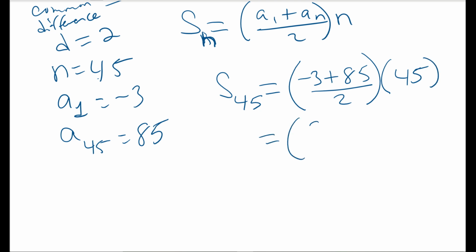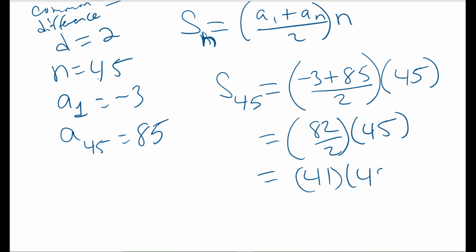So this is going to give us 82 over 2 times 45. 82 over 2 is 41. And we got to do 41 times 45. Do that on the calculator real quick. Yeah, 1,845. And that's our sum. That's our final solution.